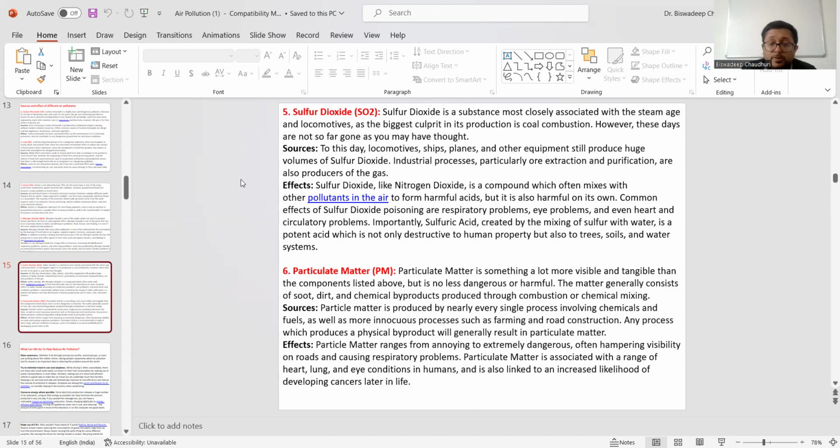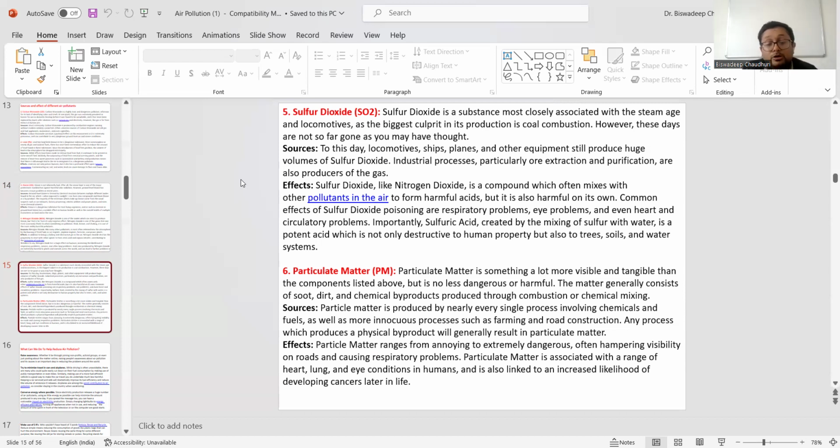matter, PM, is generated, which is of course very harmful for nature and living beings. It is produced by nearly every single process involving chemicals, fluids, and more. The effects of particulate matter range from mild to extremely dangerous, often hampering visibility on roads or causing respiratory problems. Respiratory problems are the main problem caused by the presence of particulate matter.